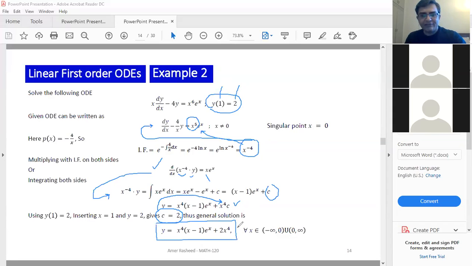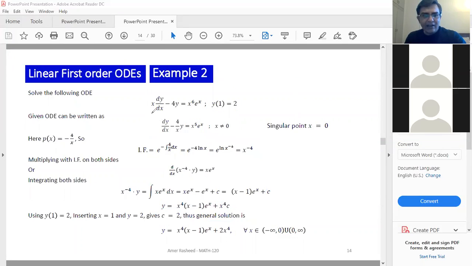Now this solution is valid in this interval. Why? Because you can see that when we divide by x throughout on both sides of this equation, x should not be 0 here. X should not be 0, otherwise this equation will not be valid. So we must exclude this point from the domain.